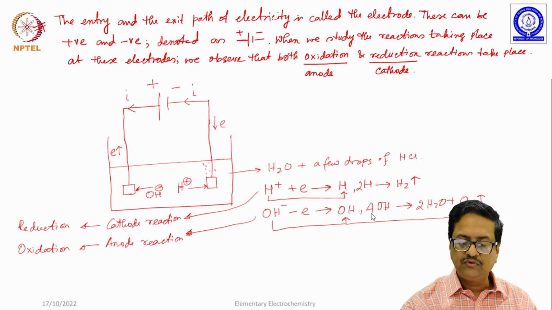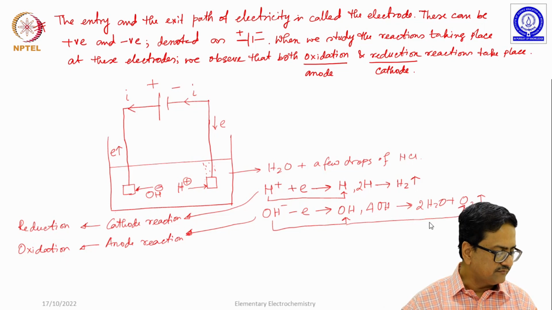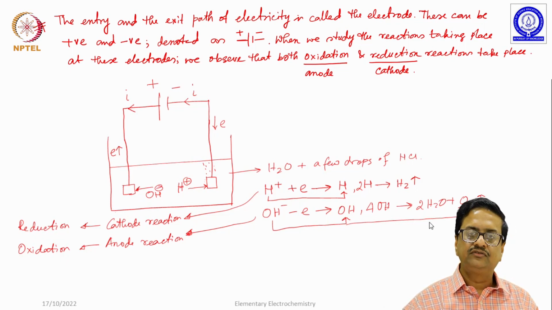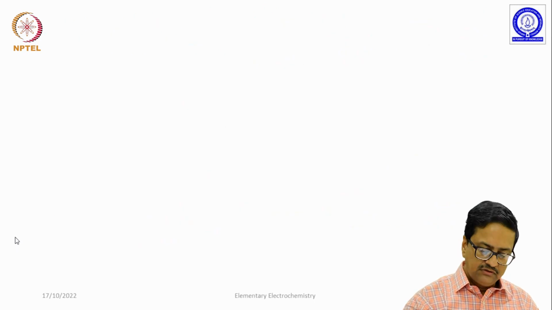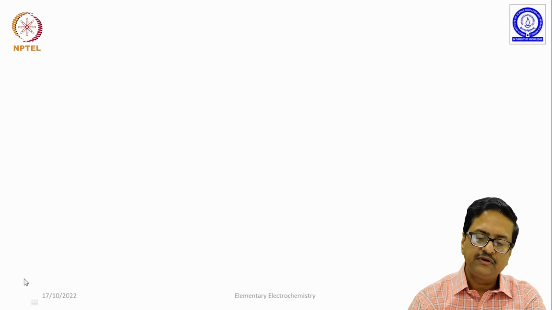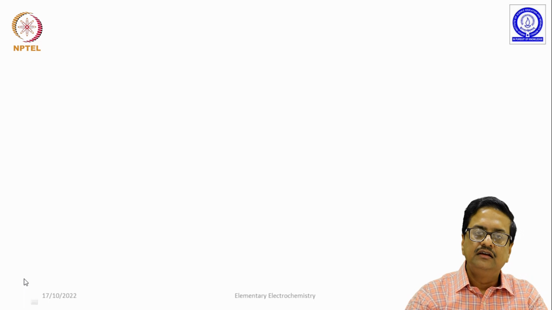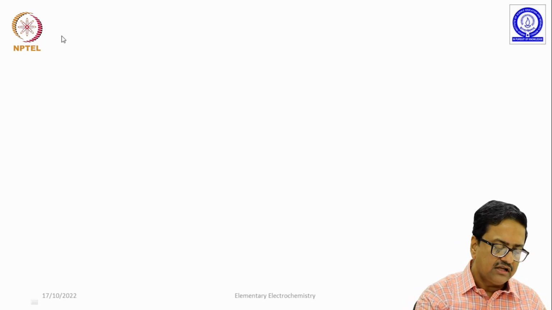So this reaction will be only half of it, that is half 2 OH will give you H2O plus half O2, that is in terms of quantity of oxygen that is released. And it should maintain that 2:1 ratio of hydrogen to oxygen in the evolved gas.